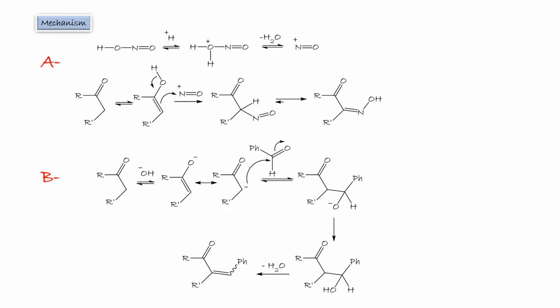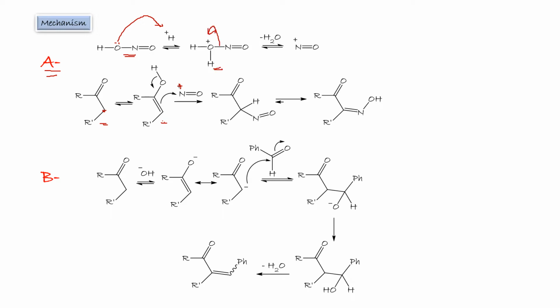Well, the mechanism for this compound, CH2C double bond O, in a tautomeric form with the enol. The enol will react with NO plus coming out of nitrous acid. So protonation in here will form this protonated species.